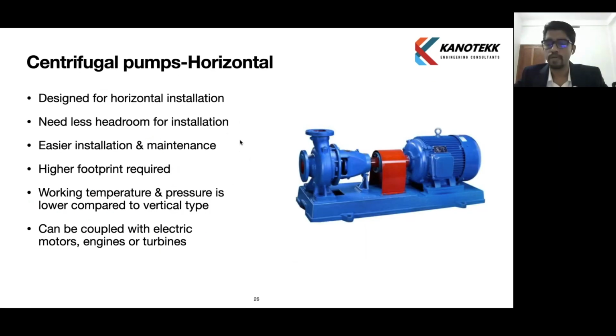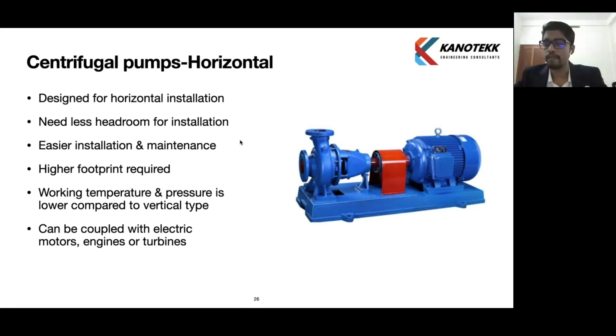Now we are seeing a horizontal type centrifugal pump. This is basically used for horizontal installation. The advantage is this needs less headroom, but we need a higher footprint, like the base floor area, so we consume more space compared to a vertical pump. Another advantage is that it is easier for installation, and maintenance is very easy because all the parts are easily accessible.